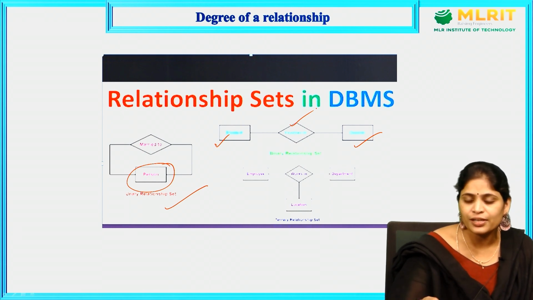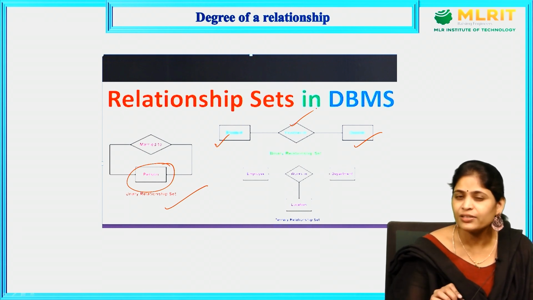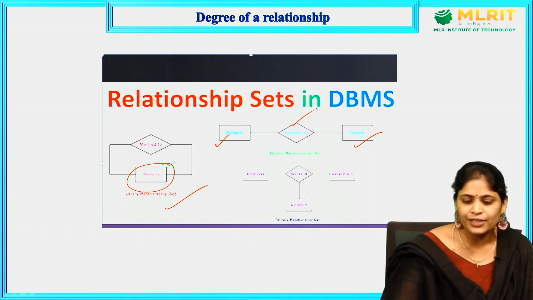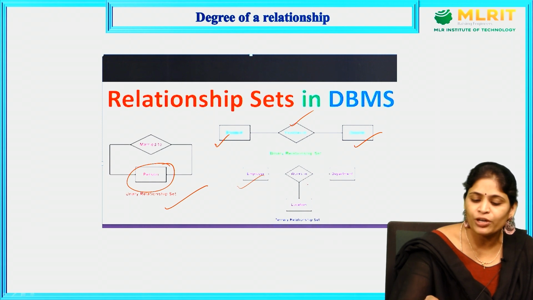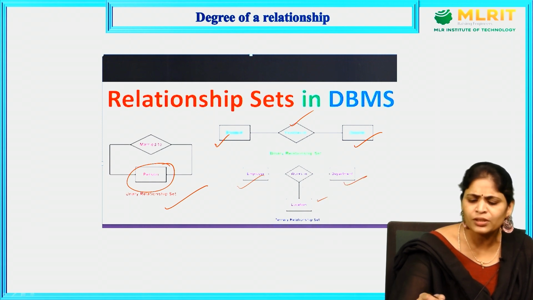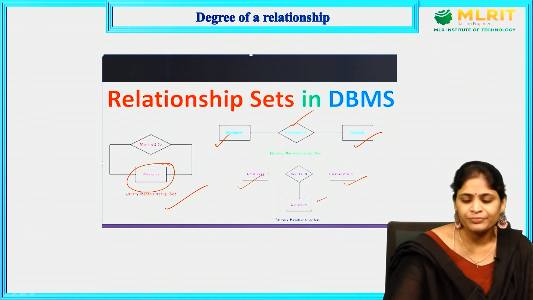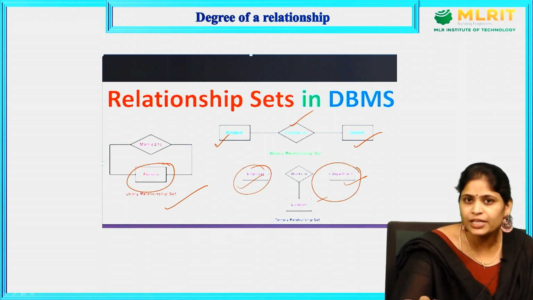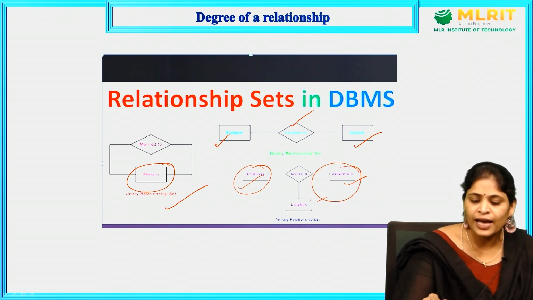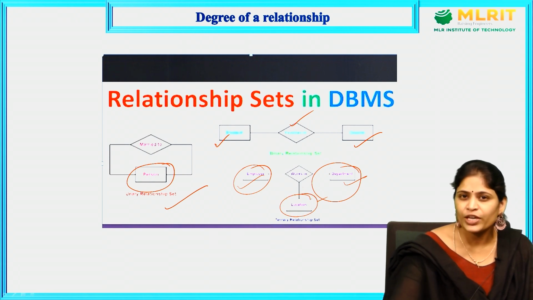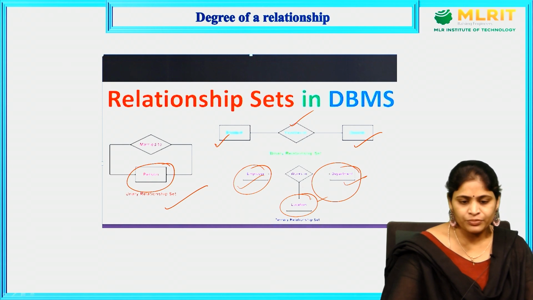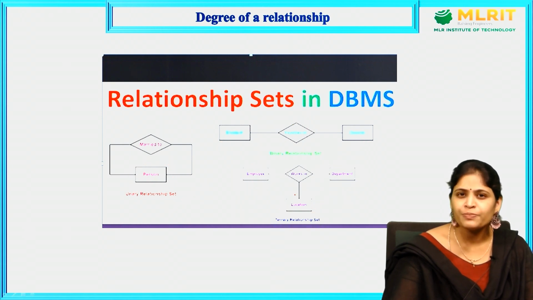What is ternary? If exactly three entity sets participate in a relation, it is called a ternary relationship. Here, employee works in department from some particular location, right? Employee details will be stored in one entity set, department details in another, and location details in the third. This is what the degrees of relationship mean.